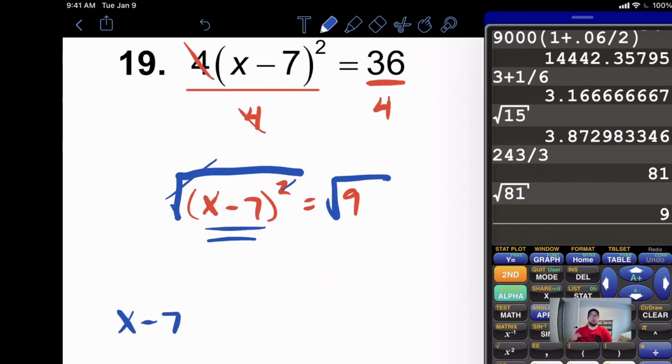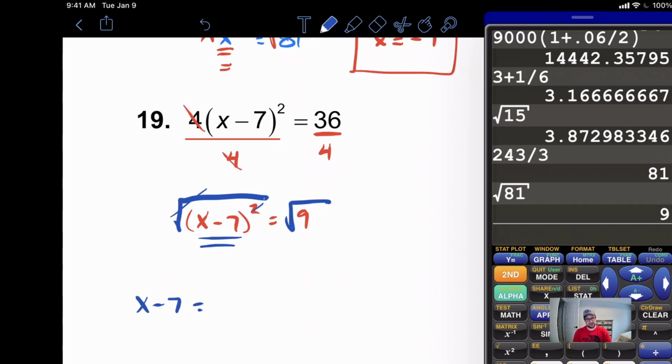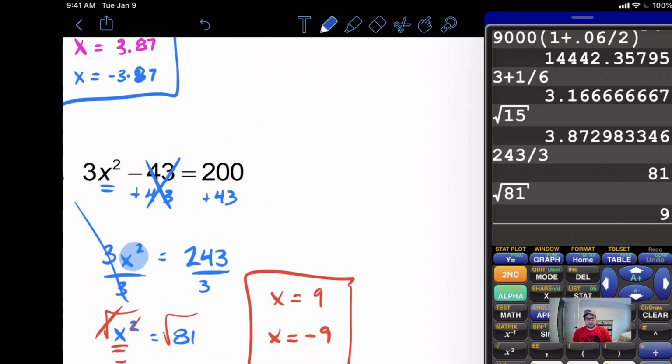Now remember, when we take the square root of both sides, we get those 2 answers. So I'm going to say x minus 7 equals and x minus 7 equals. Set up 2 equations. The square root of 9 is, of course, 3, so we're going to have 3 there, but then don't forget the -3 needs to go on the other one. Now, in the problems we worked before, at this point, we were just done because this x was already alone.